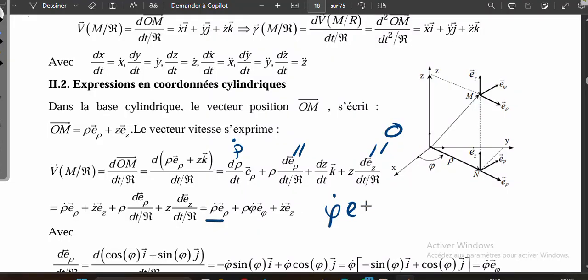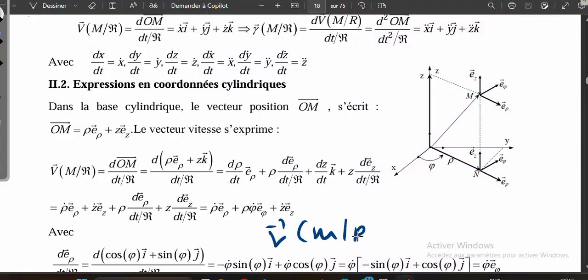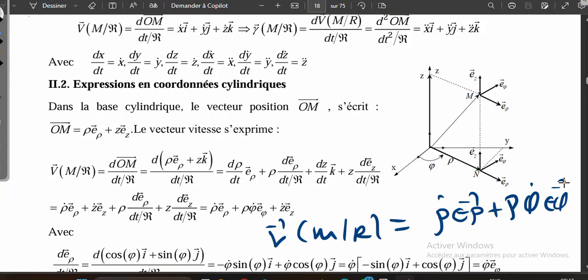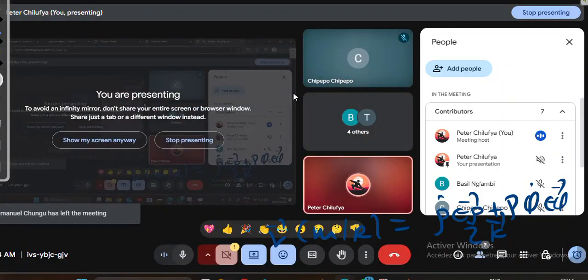I've shown you how we got phi dot. Then plus z dot is z. Are we clear? So therefore, this is how you find the velocity vector. So it's going to be rho dot E rho plus rho phi dot E phi. Then the other one was just z dot k. Are we clear on how to find the velocity vector?